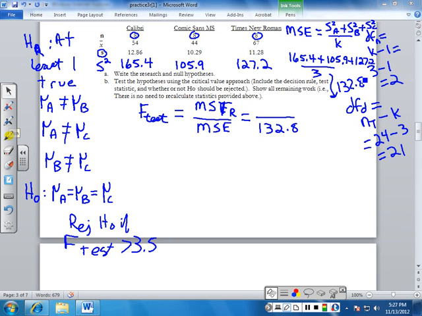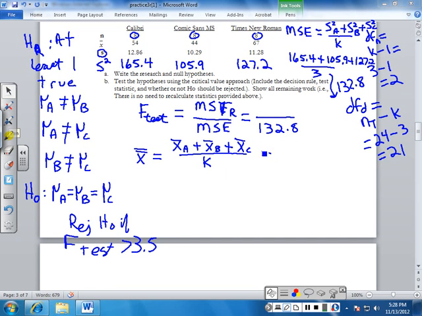Okay, so now I need to get the mean square treatment. And you're right, the first thing on that is to get the mean of the means. So I'm just going to get that right here. X bar bar, the grand mean, is equal to X bar A plus X bar B plus X bar C, divided by k.